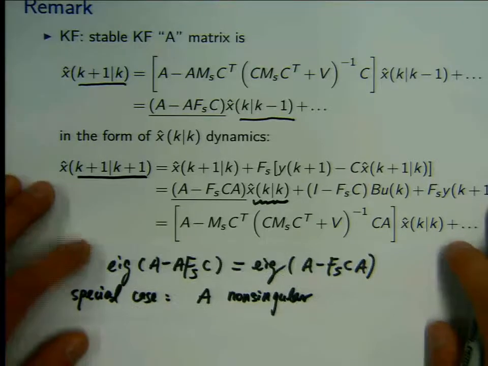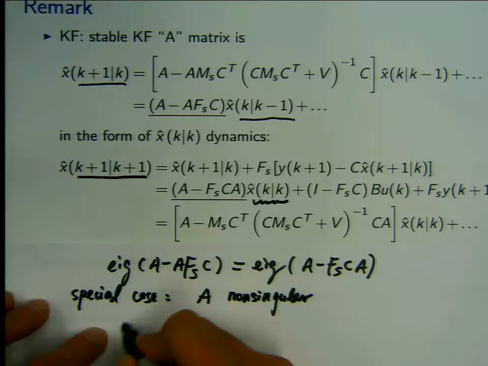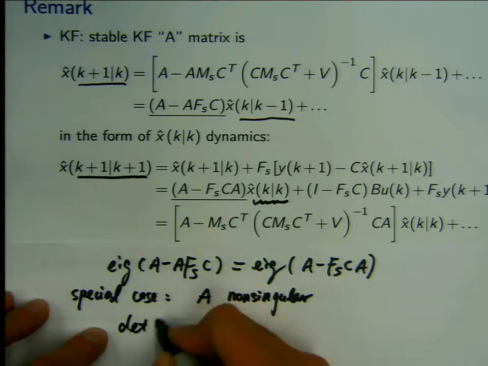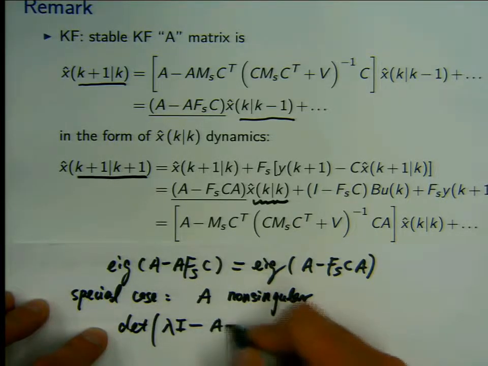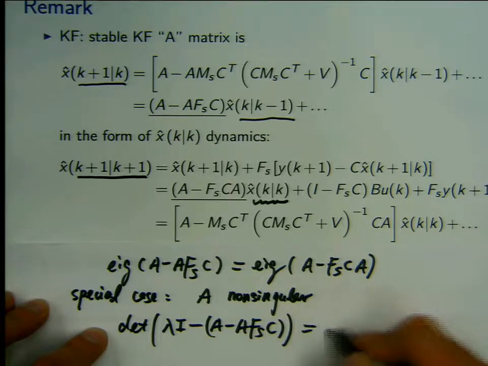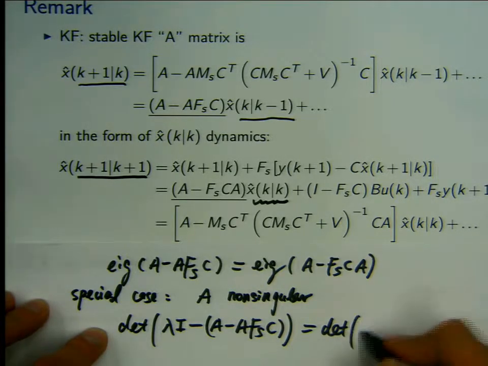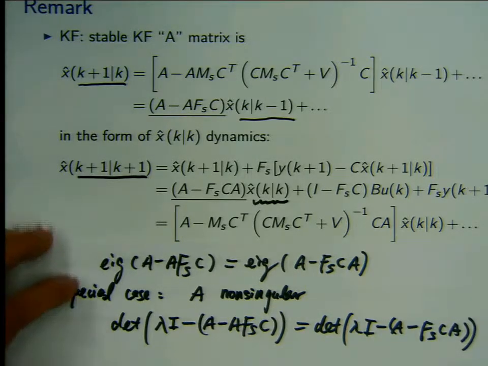If you want to prove this eigenvalue statement, you need to show that the determinant of lambda I minus A minus AFs C is equal to the determinant of lambda I minus A minus Fs CA. Right?